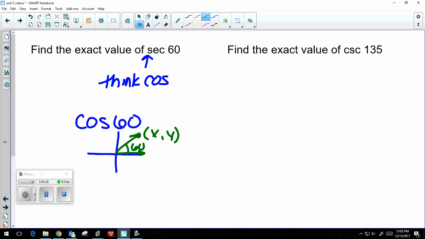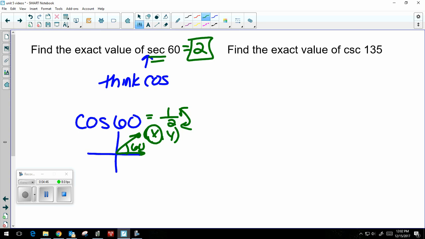Positive X, positive Y. Cosine is X. The cosine of 60 from my chart is 1/2. But I don't want the cosine of 60. I want the secant of 60. So I needed to flip it. So the secant of 60 is 2.